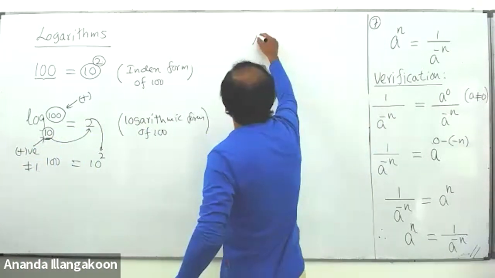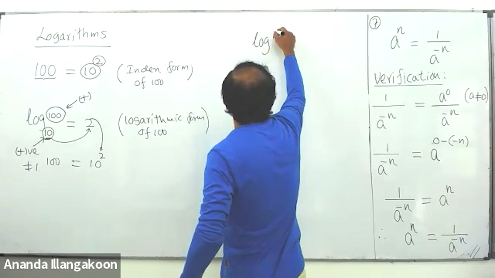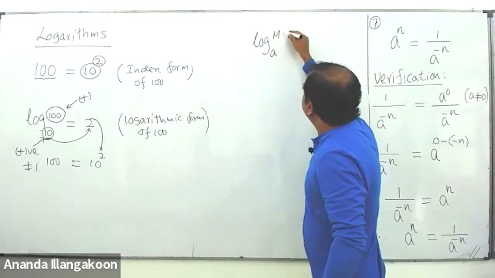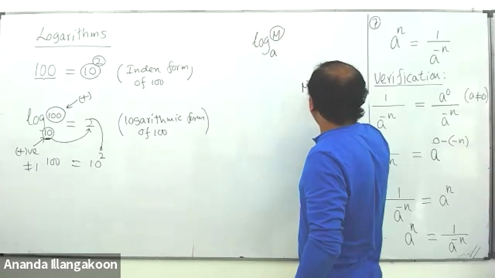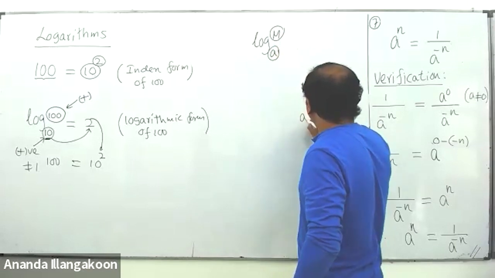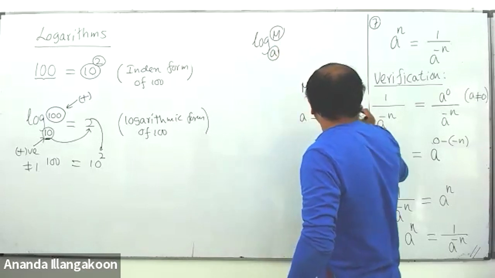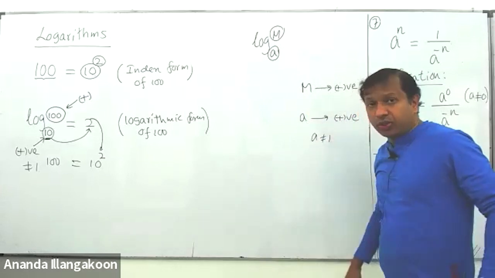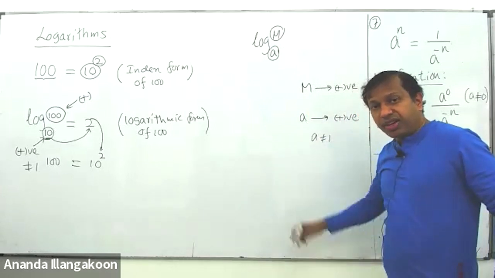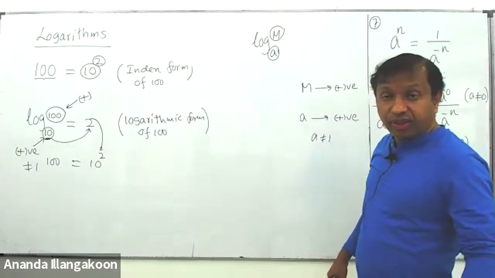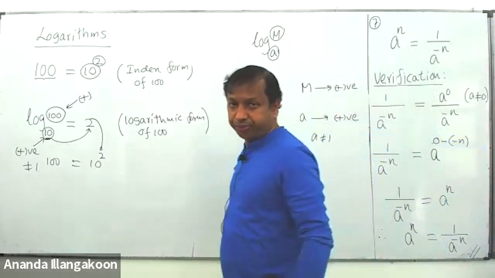For instance, suppose here log m to the base a. There, this m should be a positive value. And this a should also be a positive value. And this a should not be equal to 1, because 1 is a positive value, but a should not be equal to 1. Subject to those conditions only can we write logarithms.